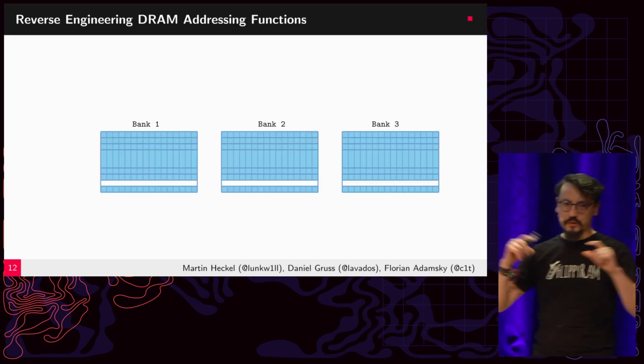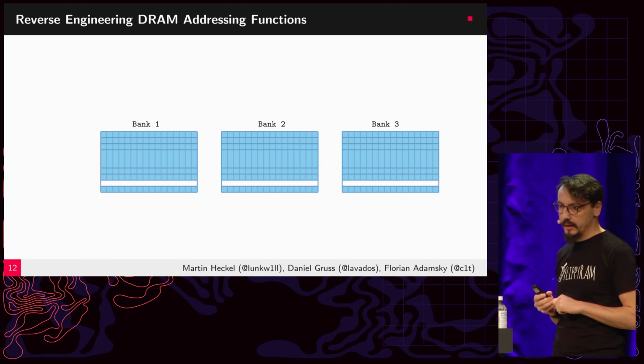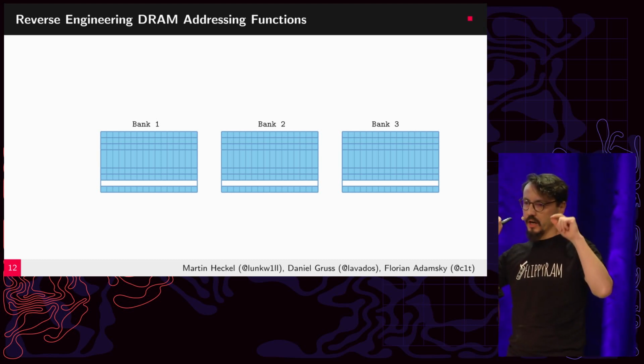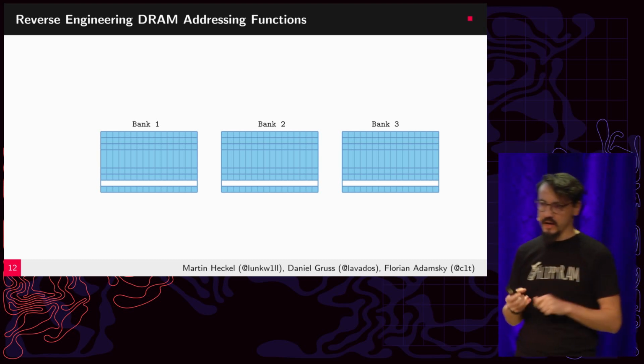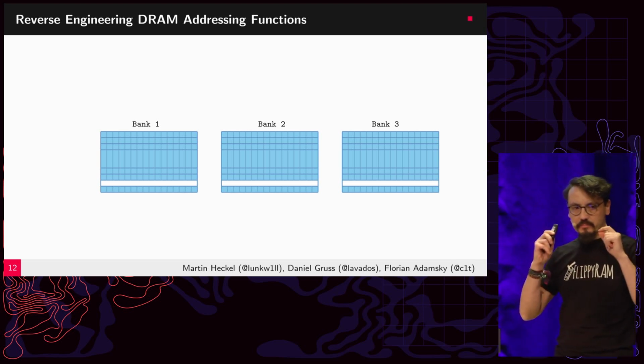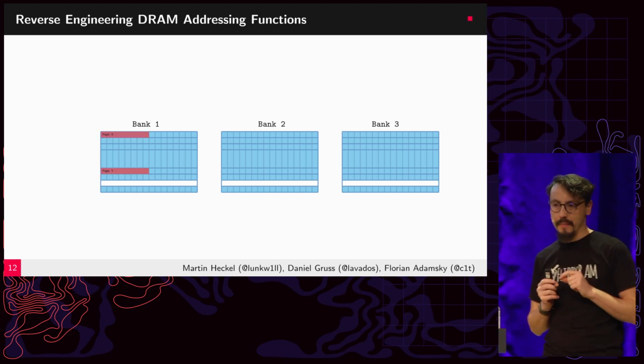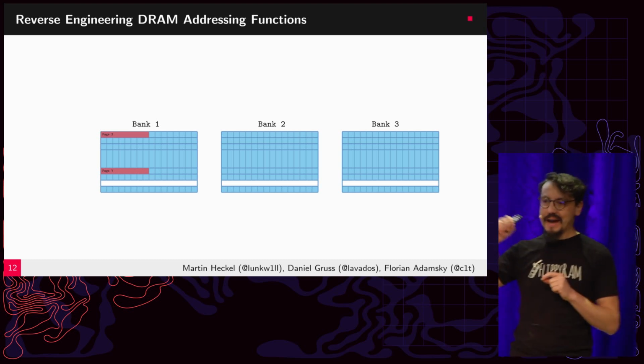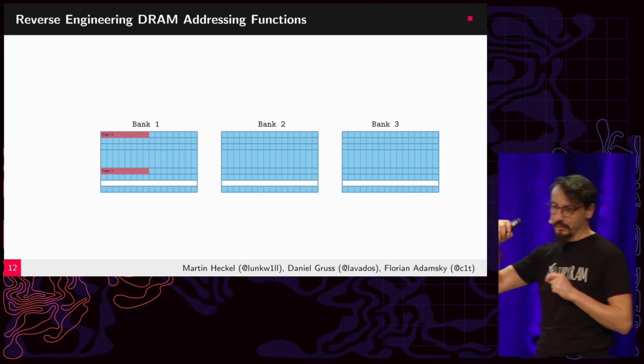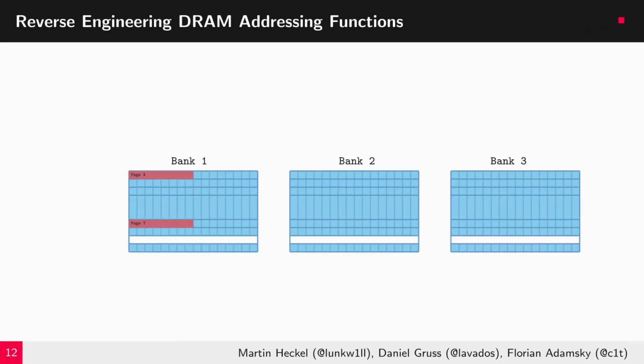So if we have multiple banks on a DRAM chip, and if we take, let's say, 2 random memory addresses, and if these memory addresses are on the same bank, and we measure the access time sequentially, so first the first one and then the second one, it must be slow if they are on the same bank, because they still share only 1 row buffer, which means they need to put it back and so forth.